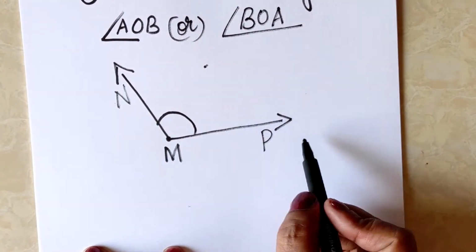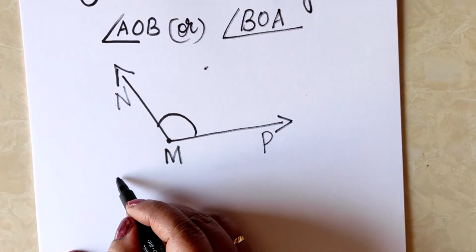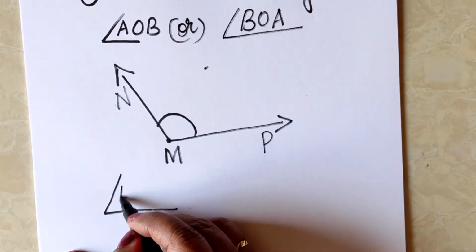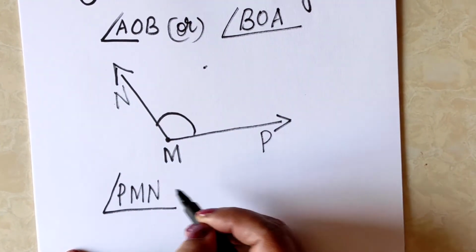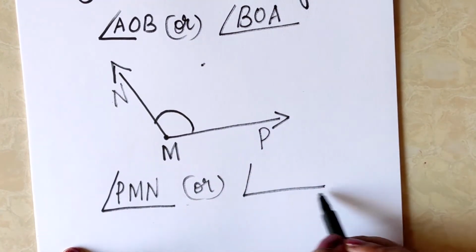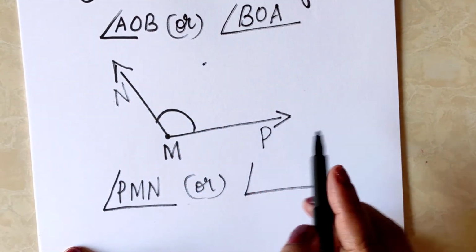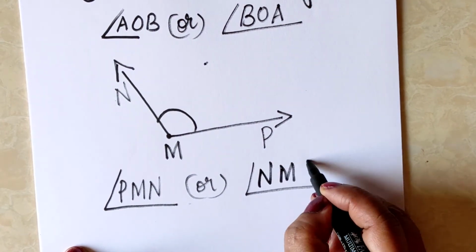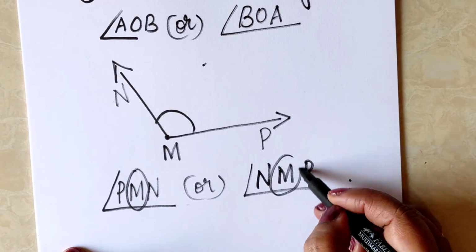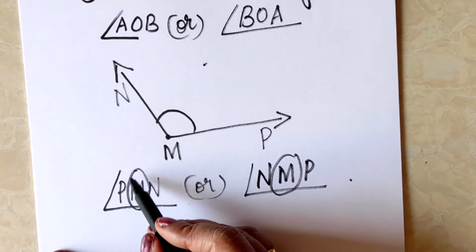Now, how do I read this angle? I have to read either angle PMN, or I can also read angle NMP. You can notice that M is always in the center.